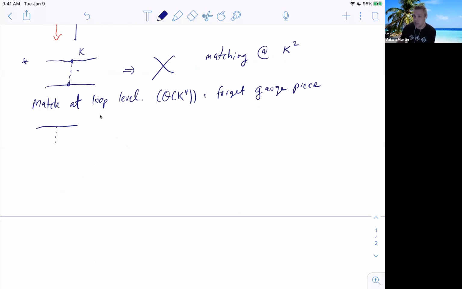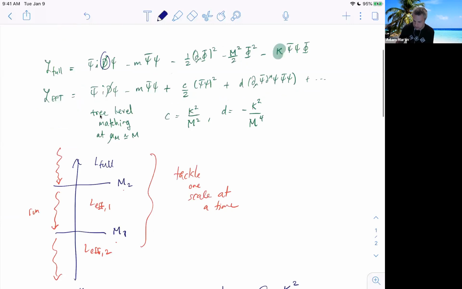Well, we can just, at a diagram level, right? Not the only way that we know to integrate out things, but just a simple way. We can just write down the diagrams that are going to be there to order kappa to the 4th in our full theory and in the effective theory, right? Effective theory, we already know that one.